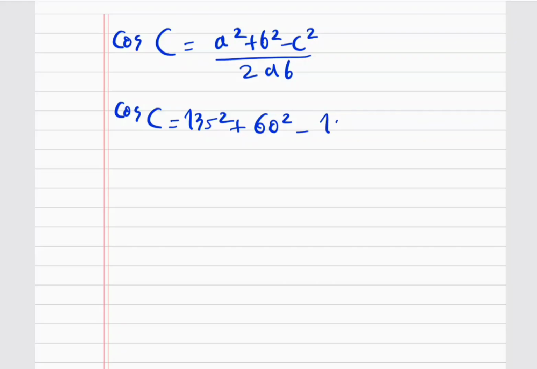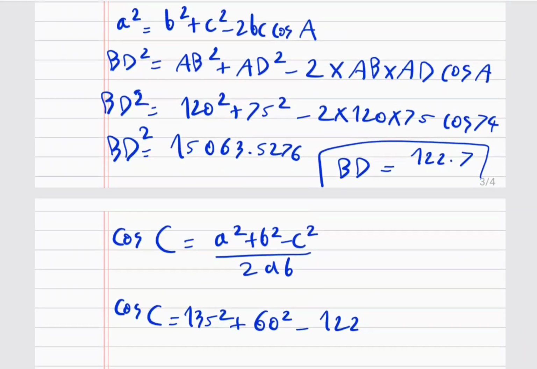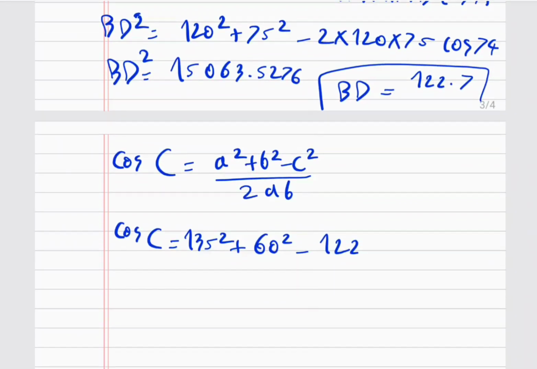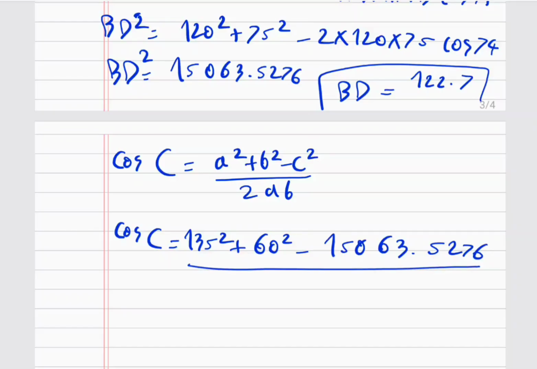Minus, well, let's just write the value that we got for BD, which is 15,063.5276. So this is already the squared value.